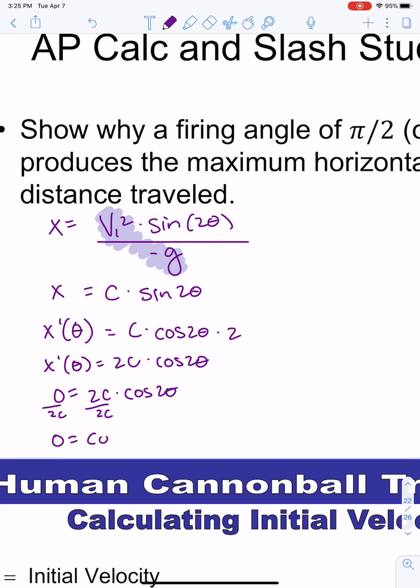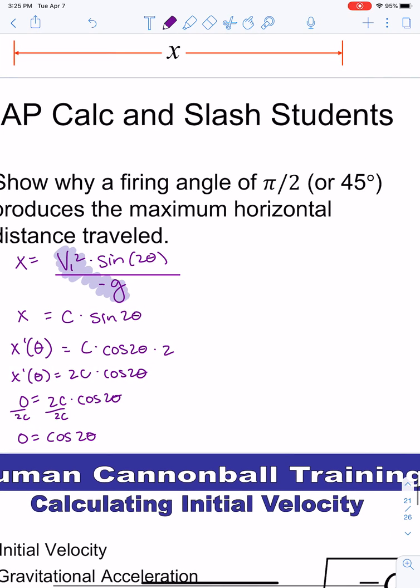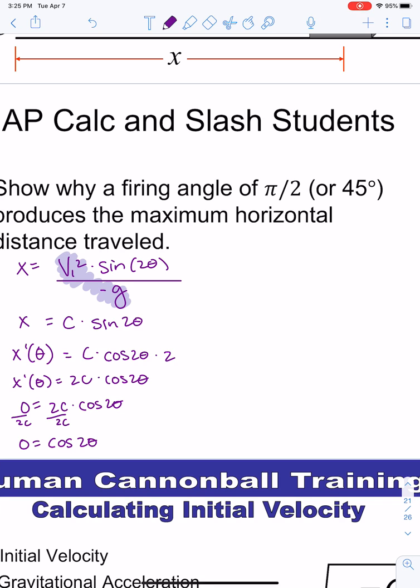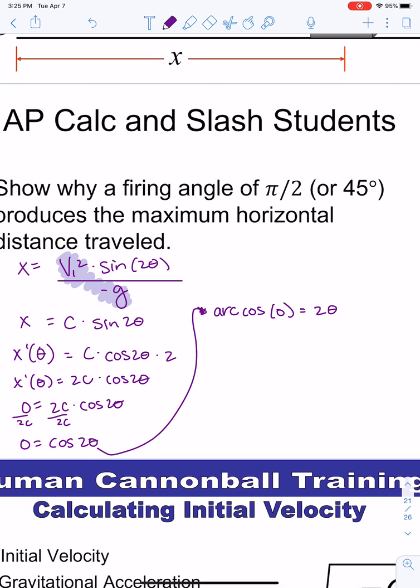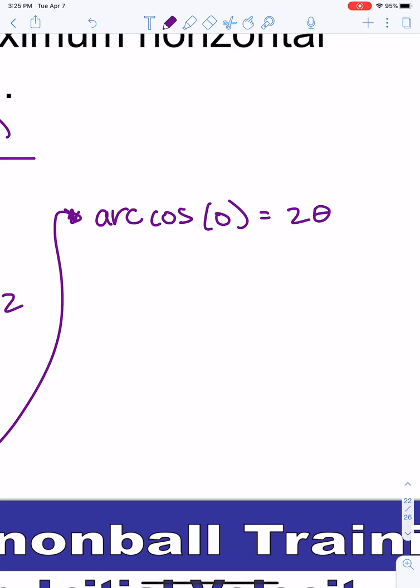So 0 is cosine 2 theta. If I want to figure out what theta is, I'm basically saying the angle arc cos of 0 is equal to 2 theta. Now we have a lot of places where that's true on your unit circle, for example pi over 2, 3 pi over 2, we could go negative, we could go above 2 pi.